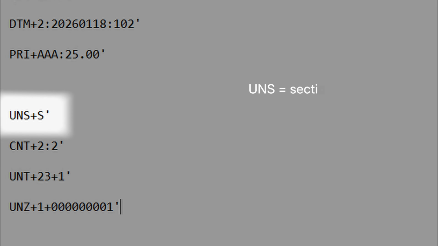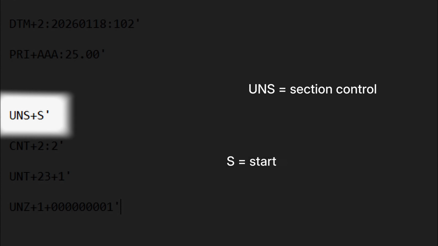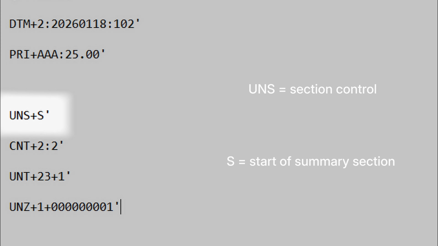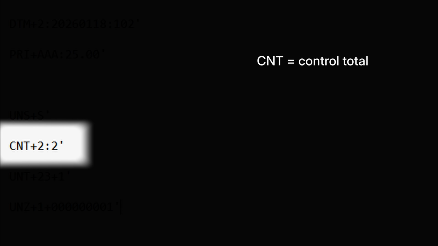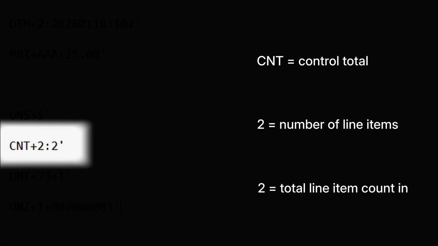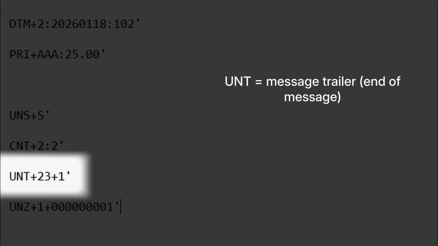The UNS segment marks the start of the summary section. CNT is a control segment. Qualifier 2 typically represents the number of line items. The value 2 confirms that the order contains 2 product lines. UNT closes the message.